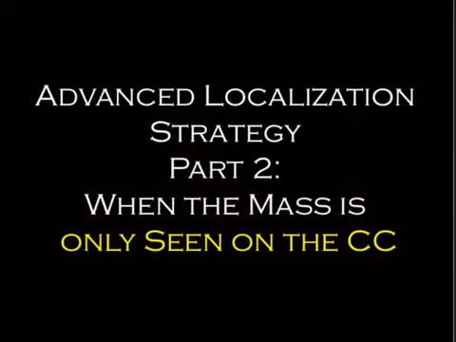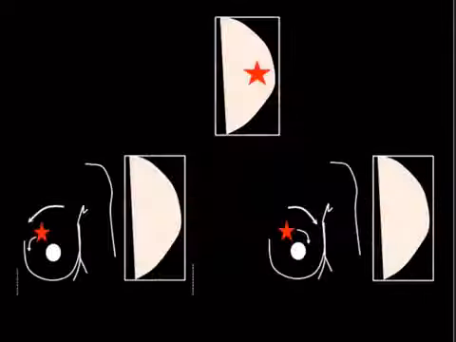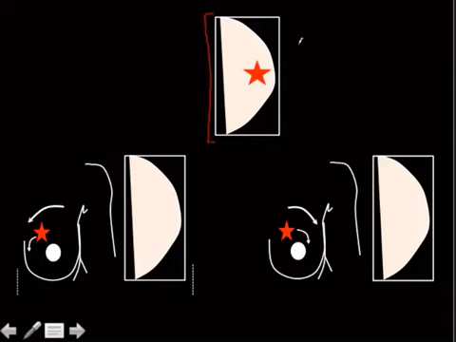So what if you only see it in the CC view? You can't see it in the ML, you only see it in the CC view. Then you can use a technique called a rolled CC. And the general idea is that, so here on the top is your conventional CC, this is the one that you saw, and you've got a mass here, but you don't know if this is superior or inferior.